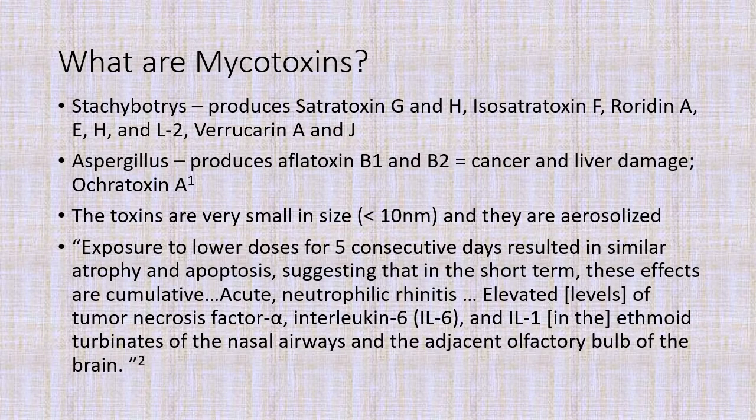I just wanted to point out, this was an excerpt from the discussion of a paper on mice. The authors of this paper, which the source is listed at the end, explain that exposure to lower doses, and they're talking about Aspergillus here, of the aflatoxin results in atrophy and apoptosis.